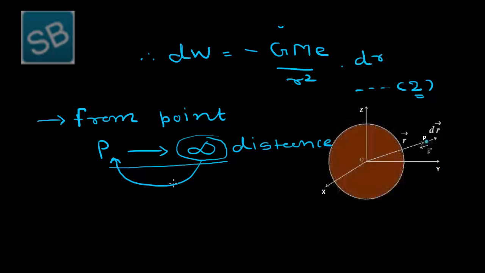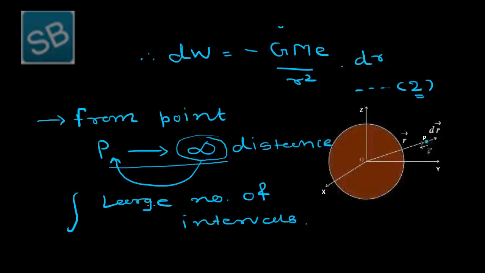So what I am doing, I am dividing this infinite path into a large number of intervals, and in order to find out the work done to take the object from infinite distance to point P, I can take the integration of the small intervals. Actually it is a large number, but the intervals will be small.